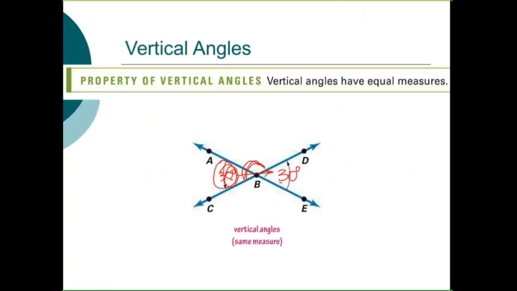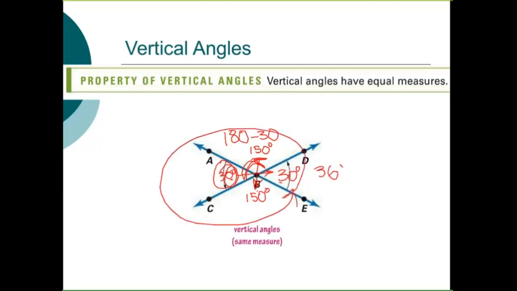So this leftover part is 180 minus 30. In other words, 150 degrees. And if that's 150 degrees up there, then this has to be 150 degrees here, so that if I add 30 plus 30 plus 150 plus 150, I would get a total all the way around of 360 degrees.